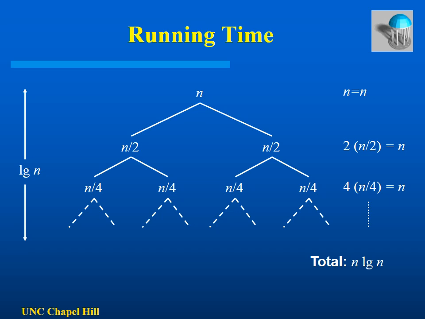The total time 2 levels down is n over 4 plus n over 4 plus n over 4 plus n over 4, which is n. And we have log n such levels, each taking time n, and therefore merge sort is order n log n. The solution to this recurrence relation that we promised would be order n log n really is order n log n by this analysis via a recursion tree.